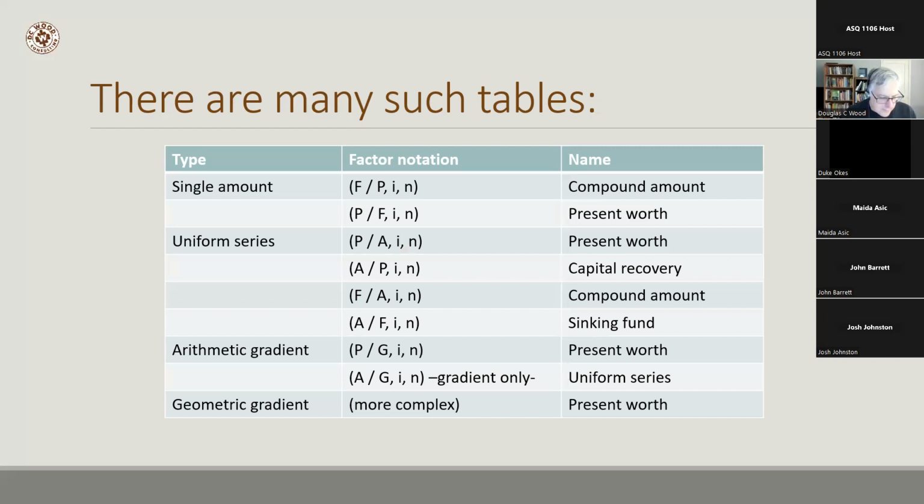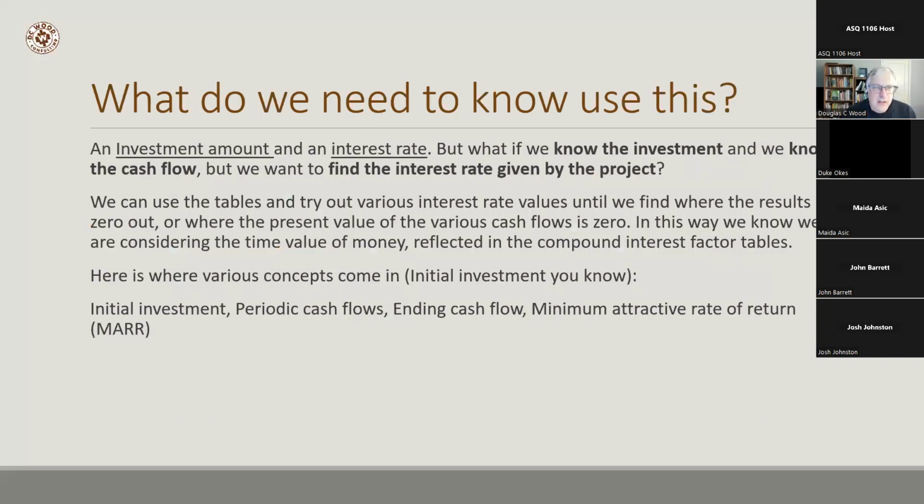So let's take a look at a more representative type of problem doing this. So what do you need to know to use such tables? Well, you have an investment amount and an interest rate. That's what we've been doing. But what if you know the investment and you know the cash flow, but you don't know what interest rate the project's going to give you?